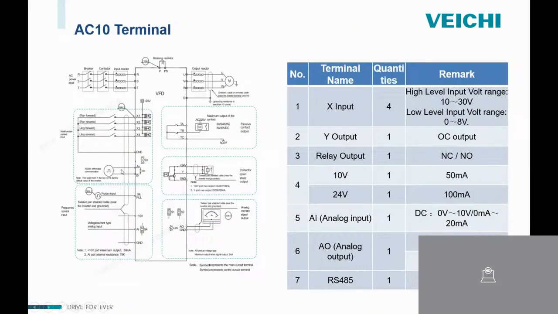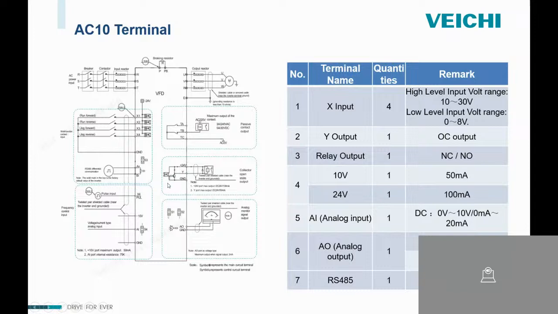Now let me introduce with you our AC10 series terminal. So we have four digital input terminals. High level input voltage range is minus 10 volt to 30 volt, and low level input voltage range is 0 to 8 volt. We have one Y output.